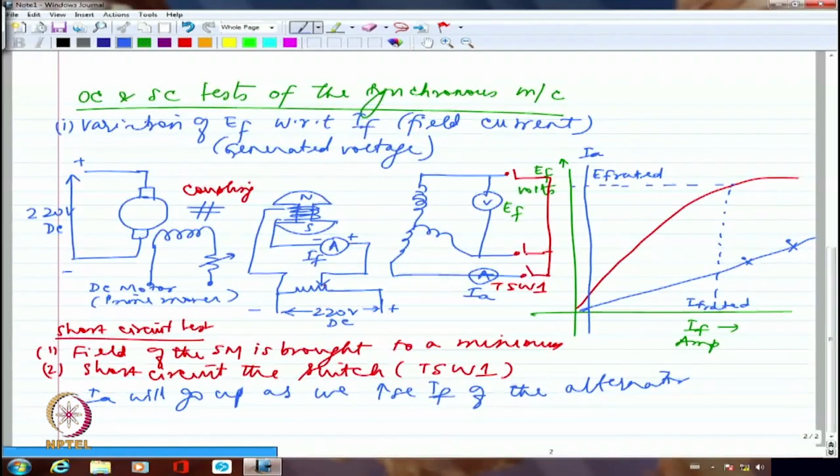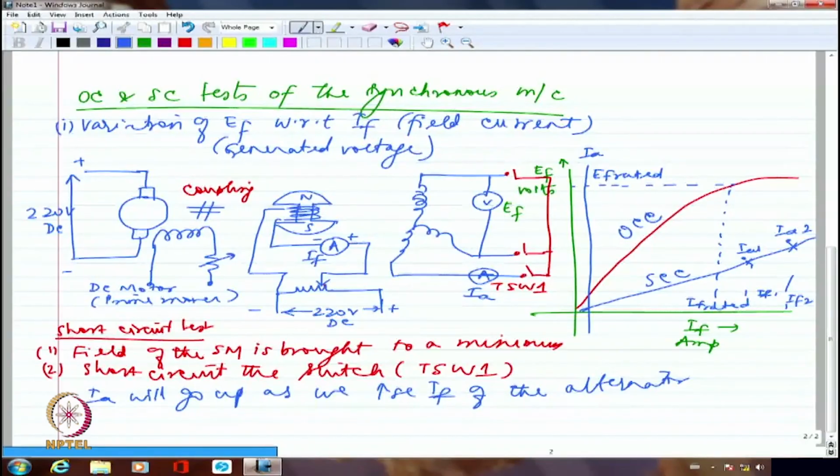So this is IF versus IA. This is IA1 for IF1. This is IA2 for IF2 and so on. So this is what is going to be the variation. So this is SCC, this is OCC. Open circuit characteristics and short circuit characteristics. So I have got both the characteristics.